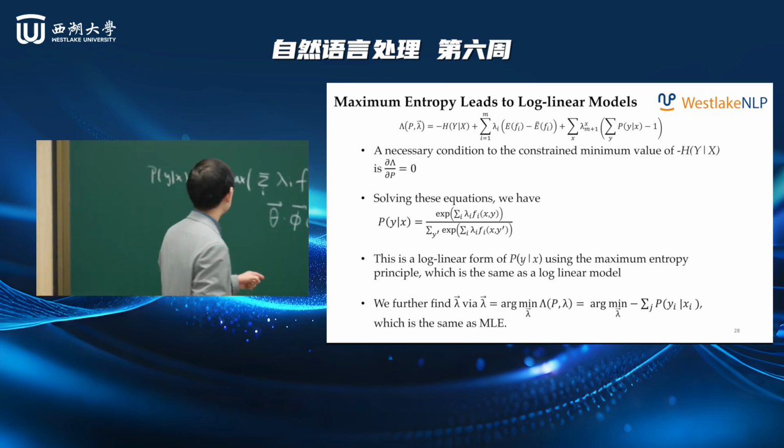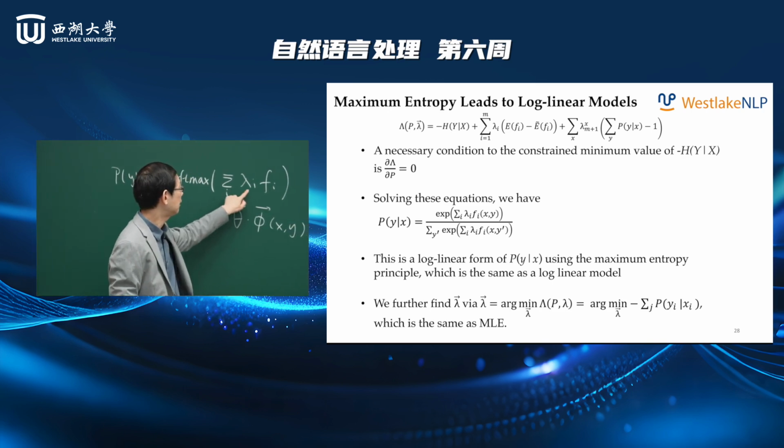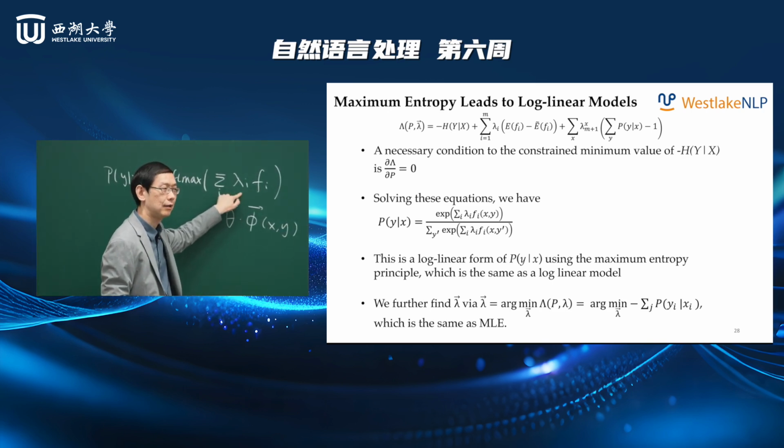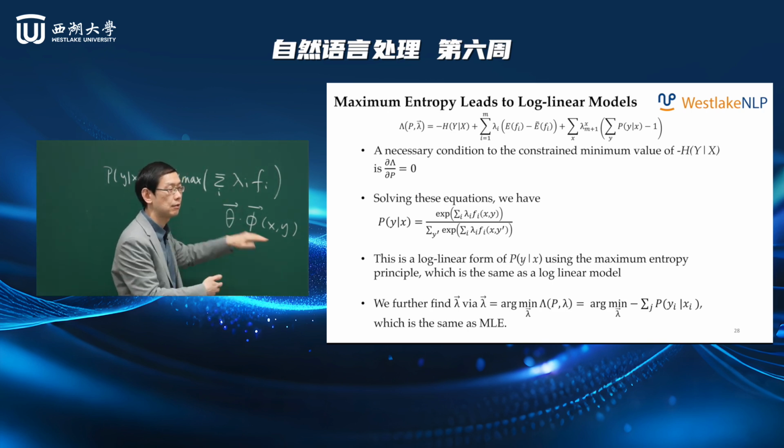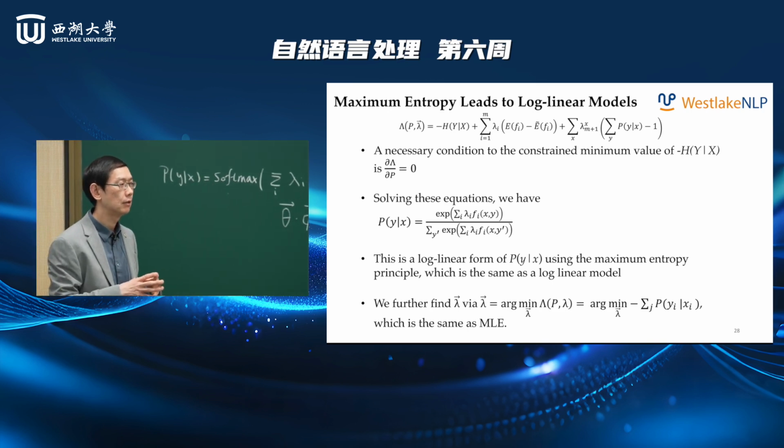And then this is not the end of it, right? Because I still need to find the value of these Lagrangian multipliers when I maximize the value of the entropy function. Read your textbook.